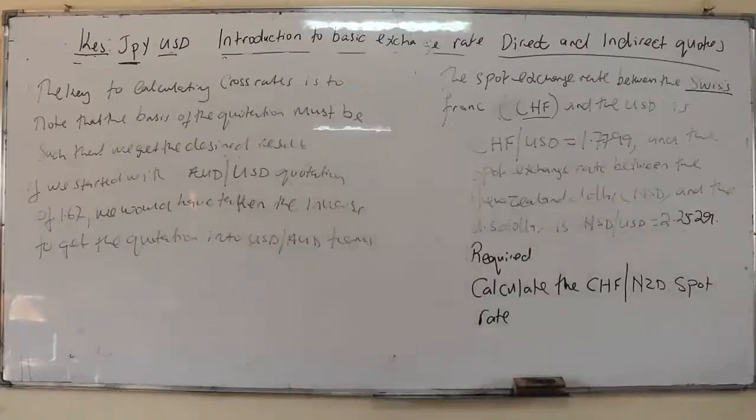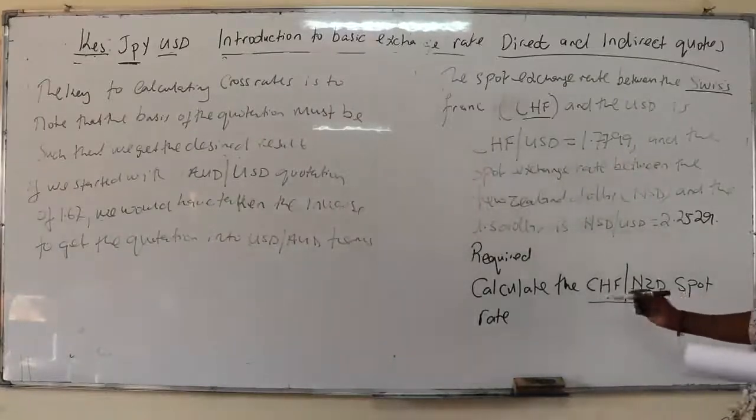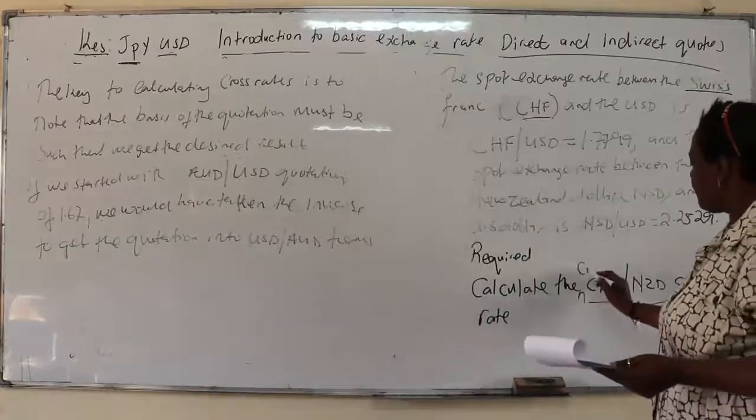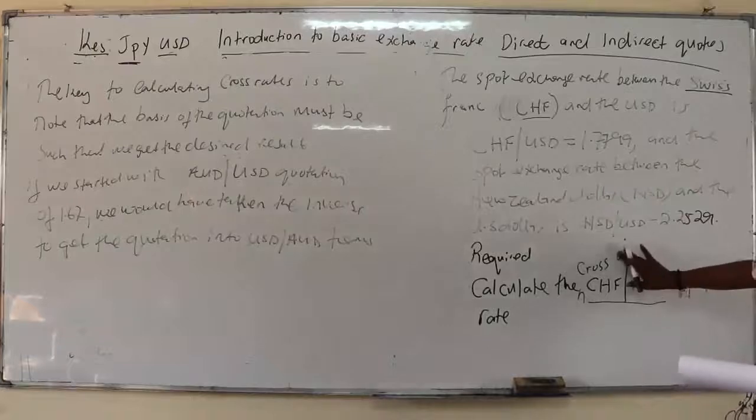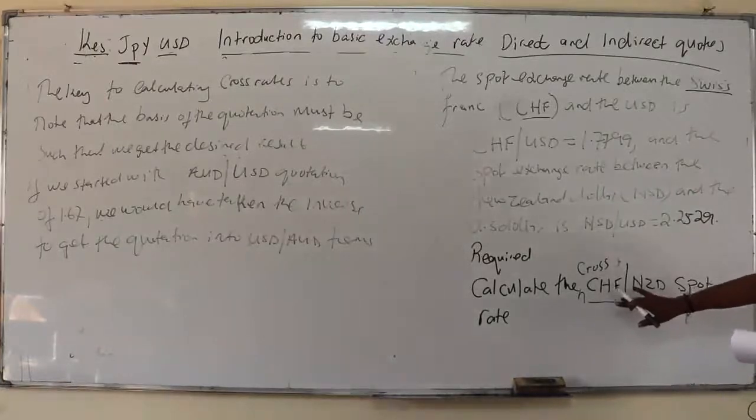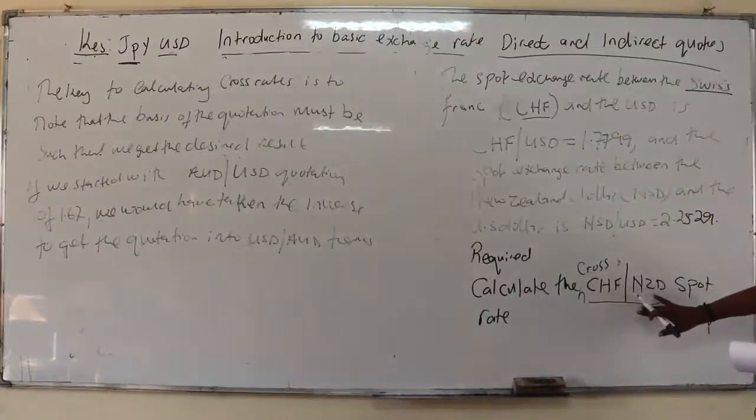So required, calculate the cross rate. This is actually the cross rate. Calculate the cross rate of the Swiss franc and the New Zealand dollar. We don't have the rate of the Swiss franc expressed in the New Zealand dollar.